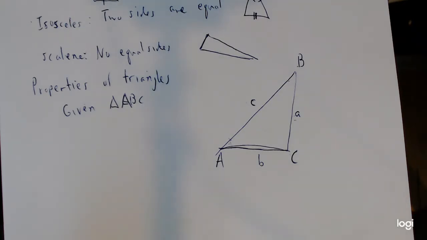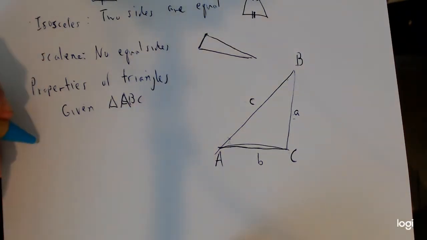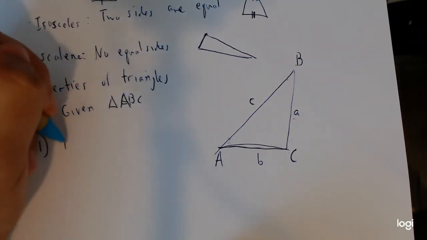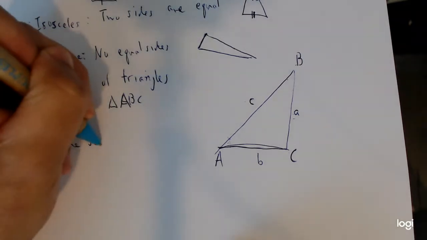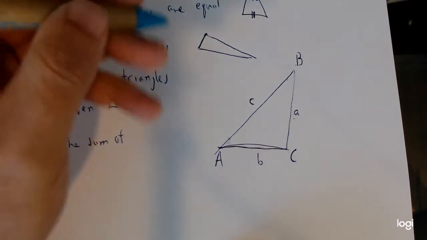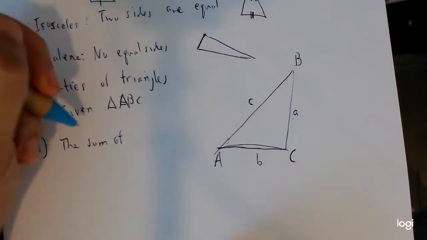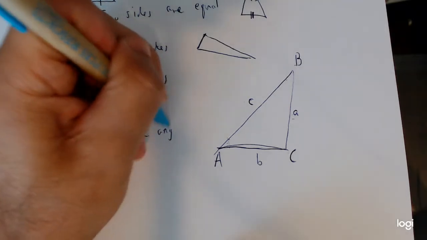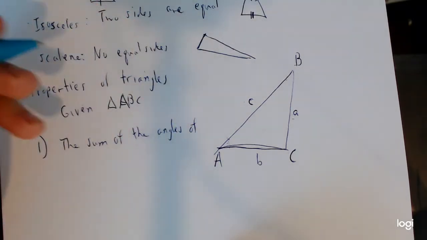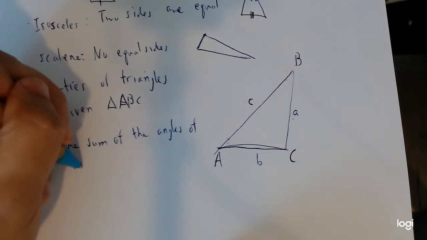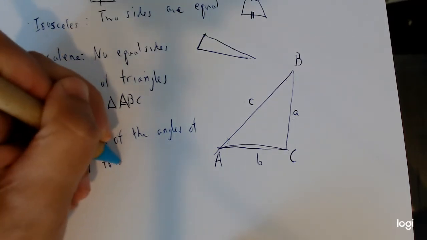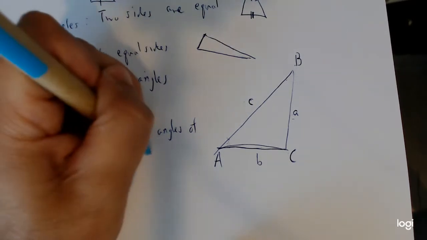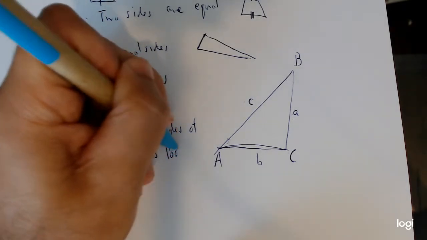So here are some properties about these triangles. We can say that the sum of the angles of any triangle is 180 degrees.